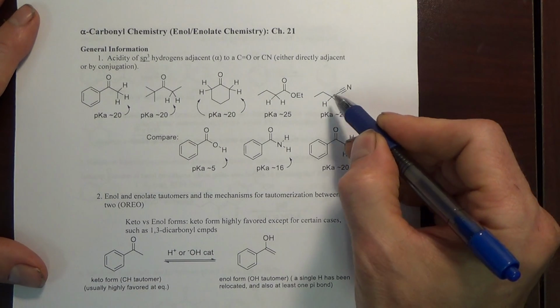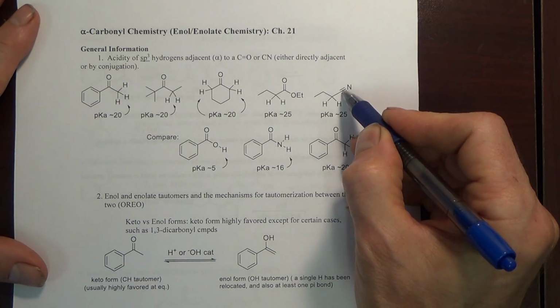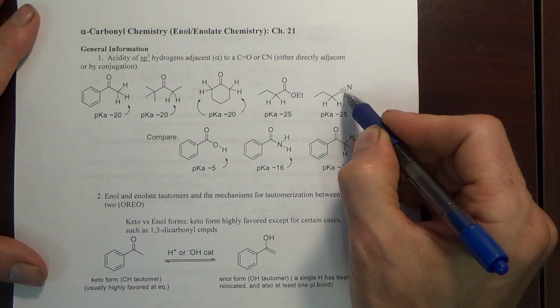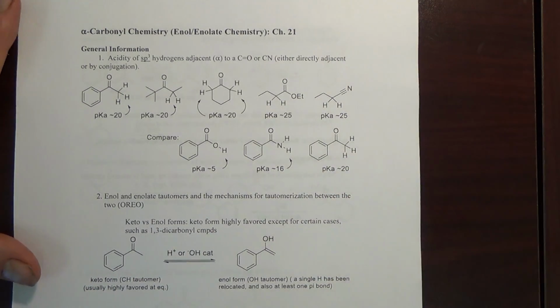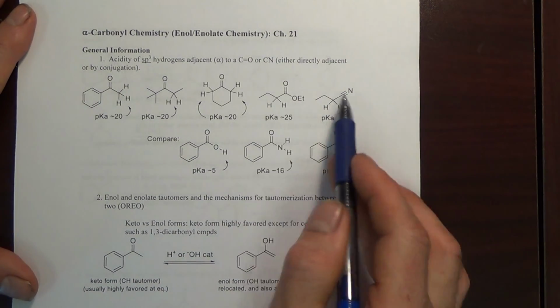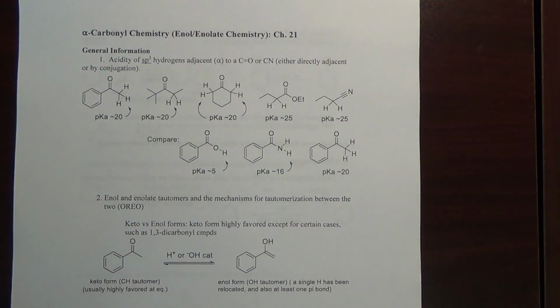Of course, with the cyano group, there's only one alpha carbon. That's sort of the carbon of the functional group, and there's no alpha carbon going the other way. Now, why are these two less acidic?